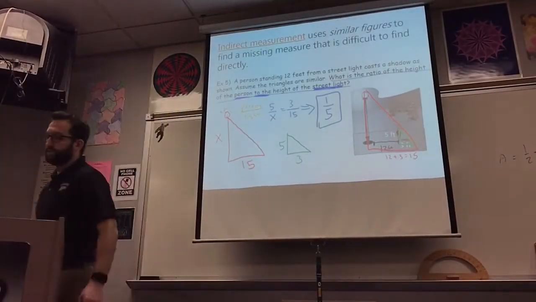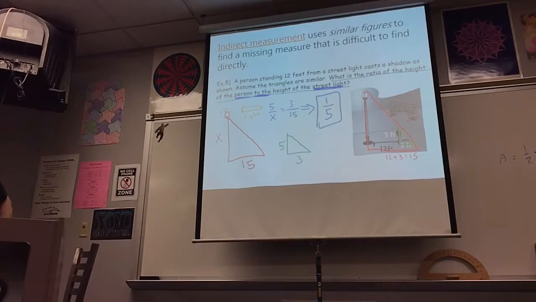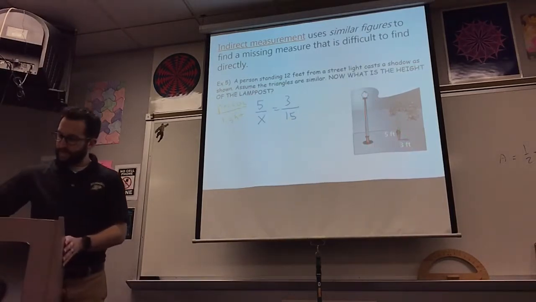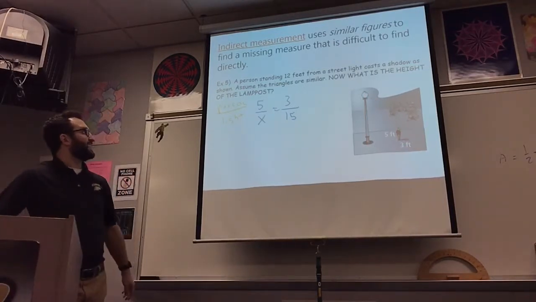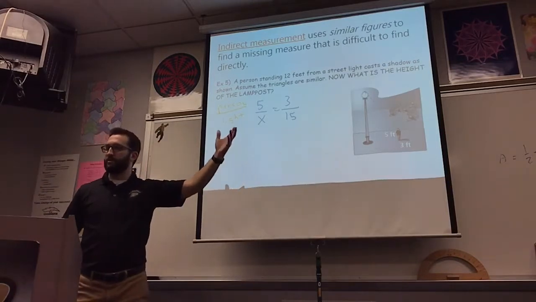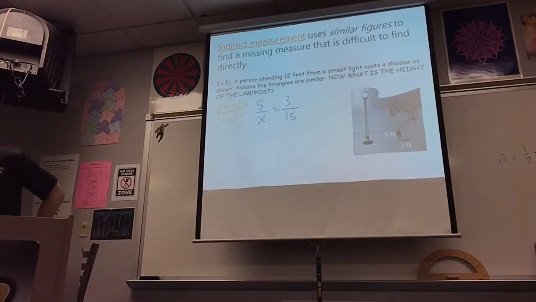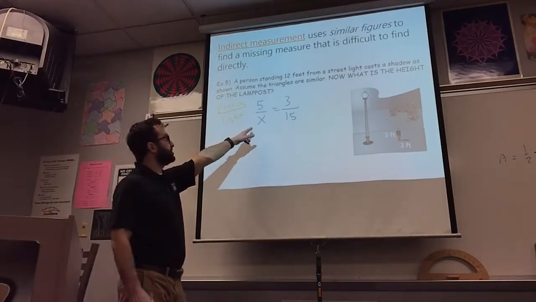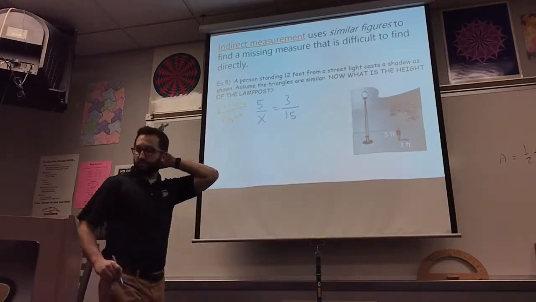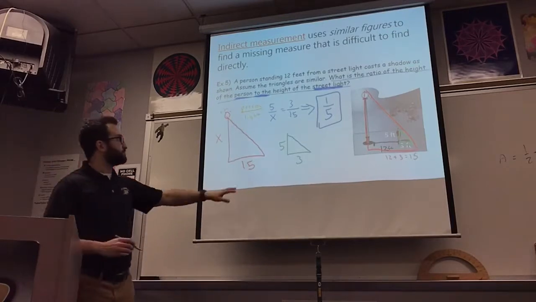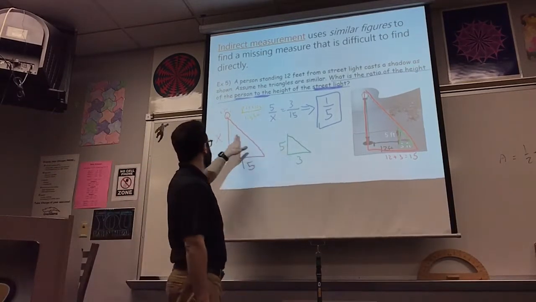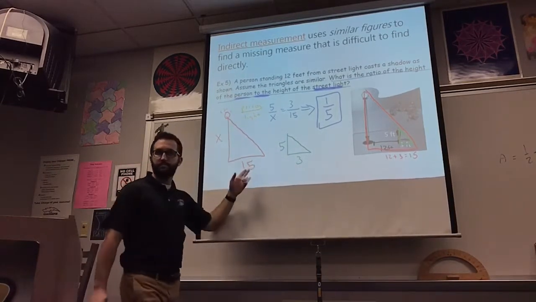Now let's go to the first problem on the notes slide. It asks, what is the height of the lamppost? We can use the ratio 1/5, or the proportion from the previous problem: 5 to x is 3 to 15.